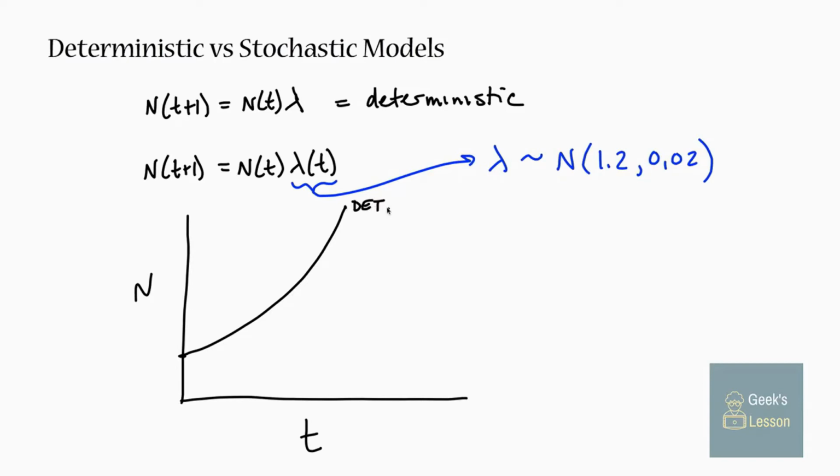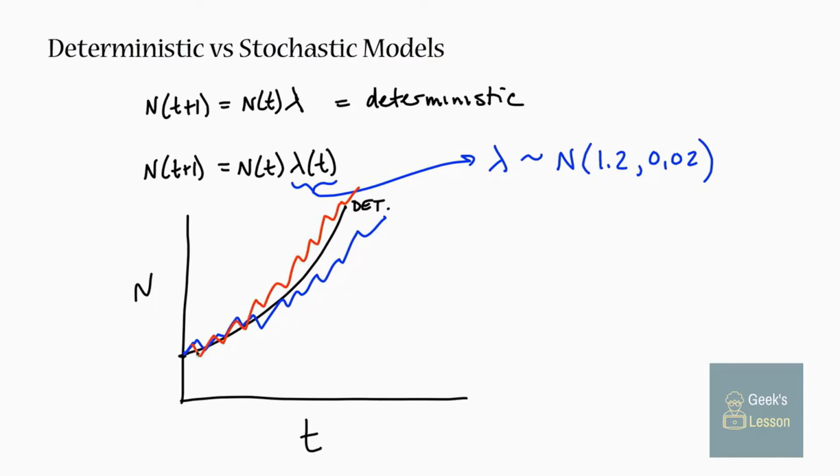If I use the stochastic model, every time step my population is going to grow on average at a rate of 1.2, but not always exactly 1.2. So sometimes it'll grow, sometimes it'll shrink, and you get a little bit of noise. And because I set the variance to not be very big, most of the time you'll get trajectories that are pretty close to the deterministic case.